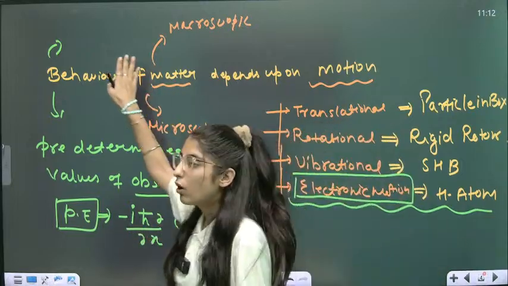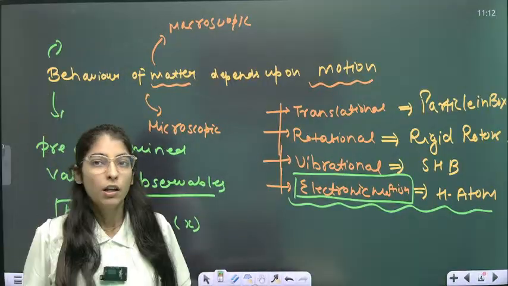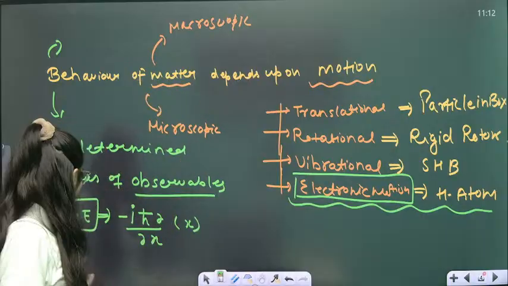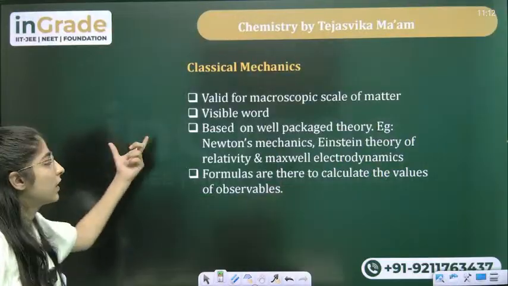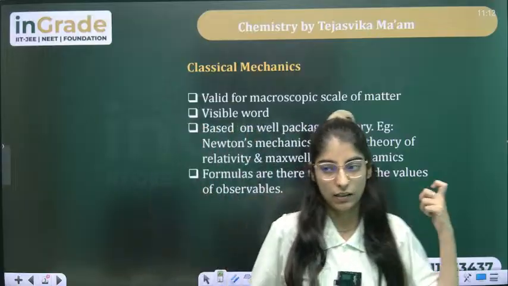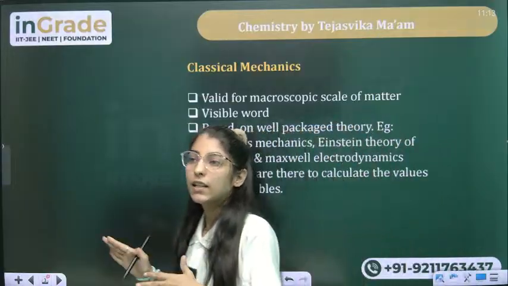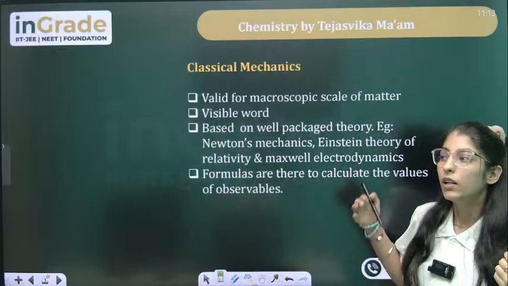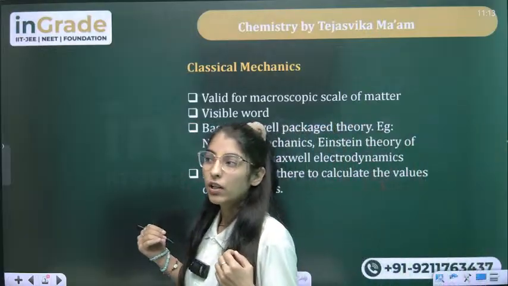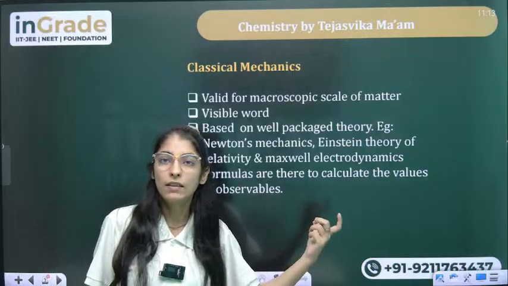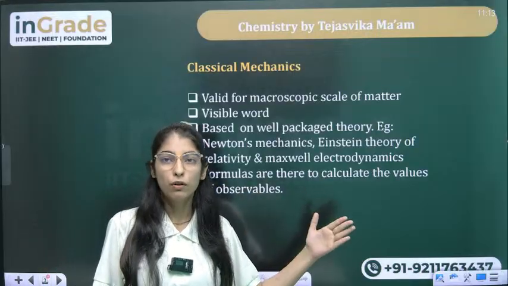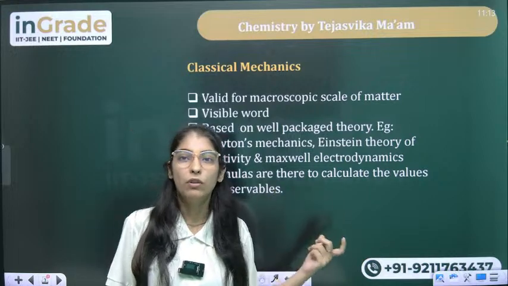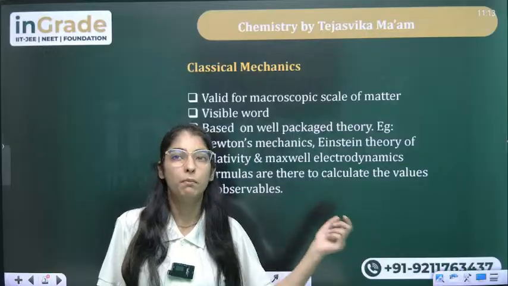But at the macroscopic level, there are some laws. Move to your first slide. This is classical mechanics. Classical mechanics depends upon Newton's laws of motion and Einstein's theory. From these we are able to find out the value for macroscopic particles.